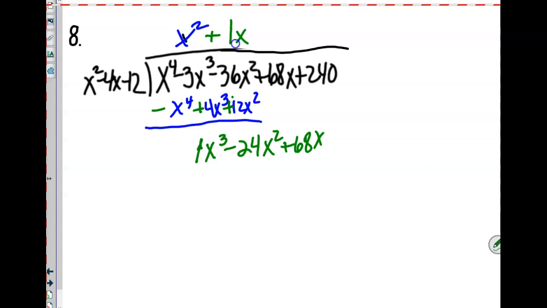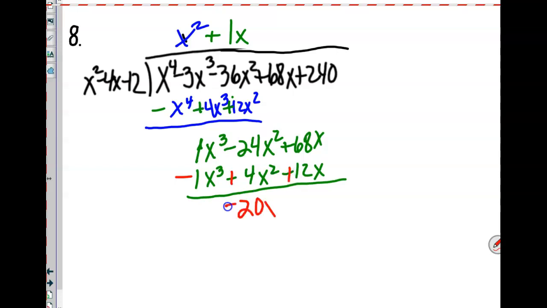One x, everybody okay? 1x times this whole thing will give me a 1x cubed minus 4x squared minus 12x. I'm going to change signs again and add because I don't like trying to remember to subtract. So that gives me negative 20x squared plus 80x, bring down the 240.